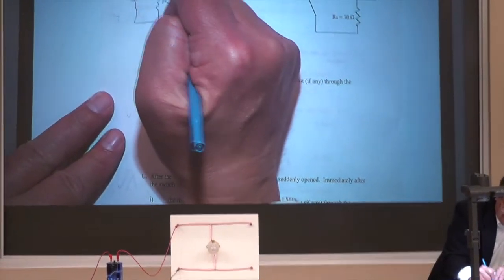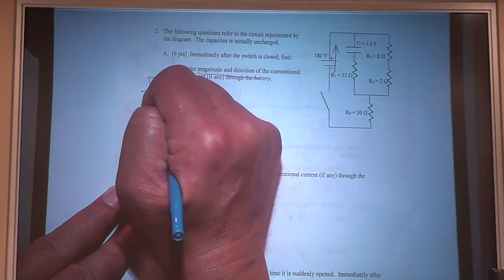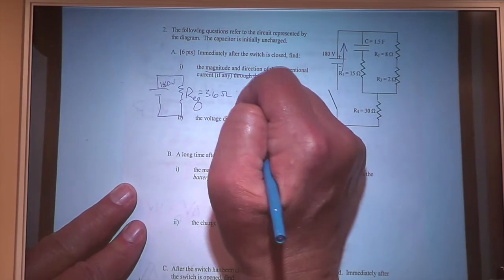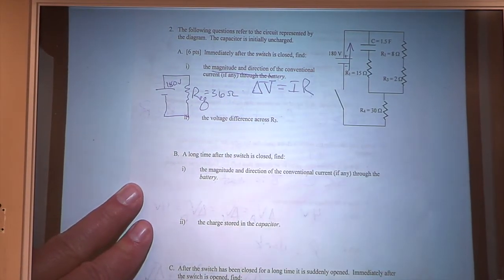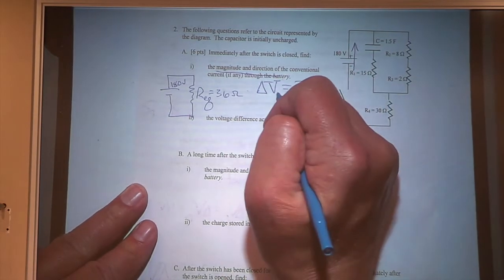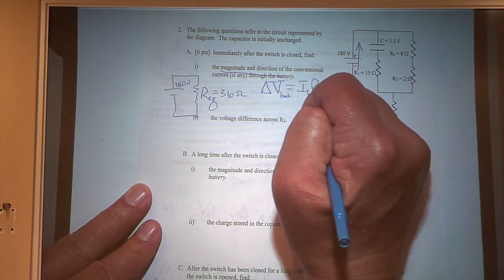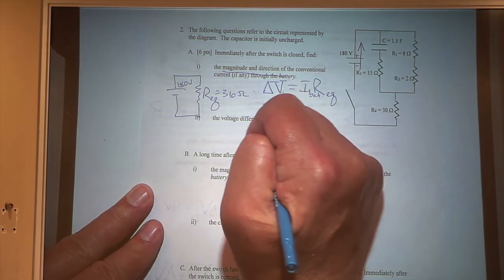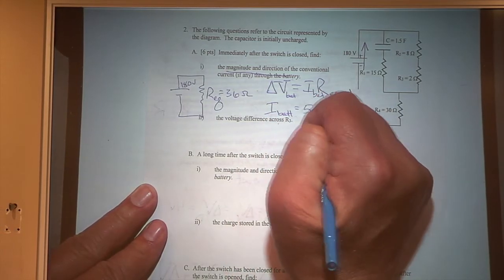So this is going to be 36 ohms, 180 volts. If I use V equals IR globally, this becomes the equivalent resistance of the circuit. This becomes the battery voltage. This becomes the current through the battery. And if I solve that for the current through the battery, I get 5 amps.